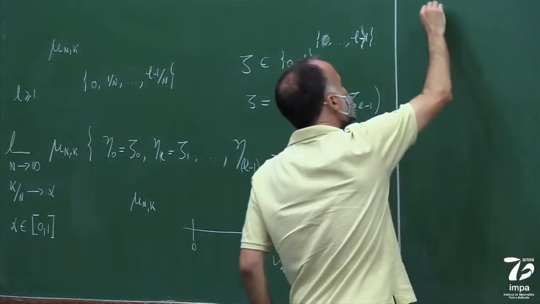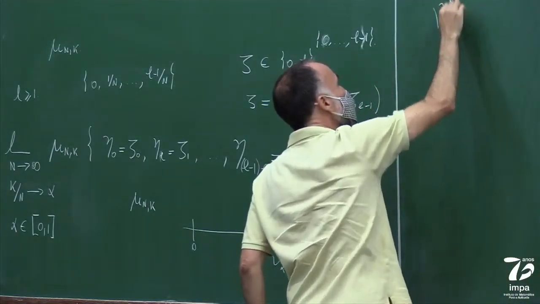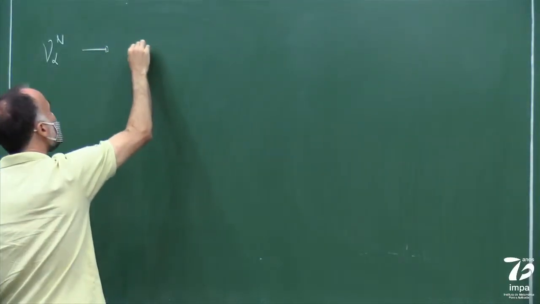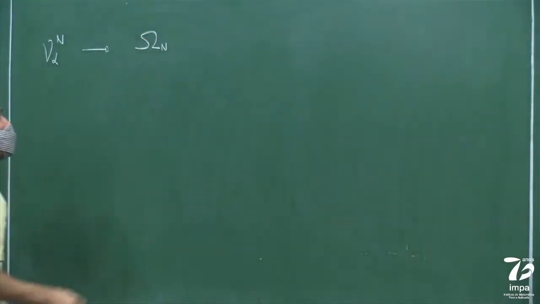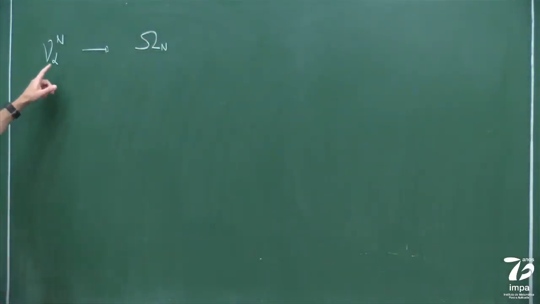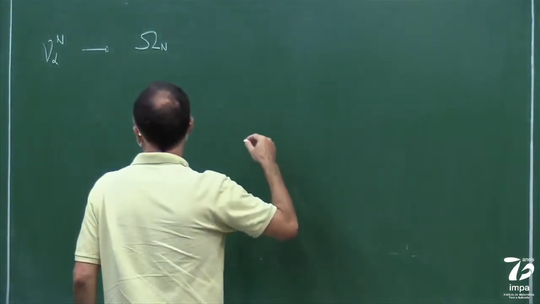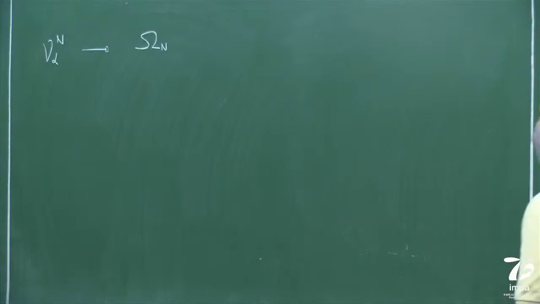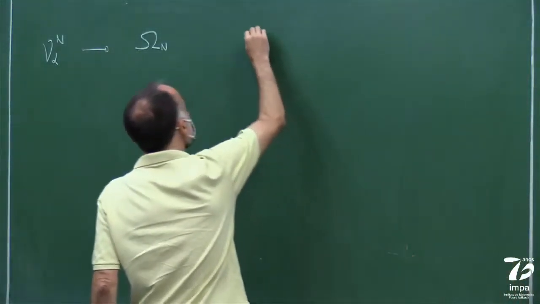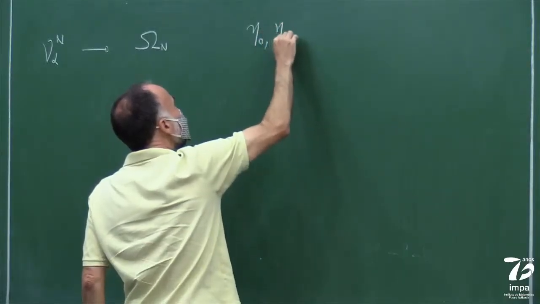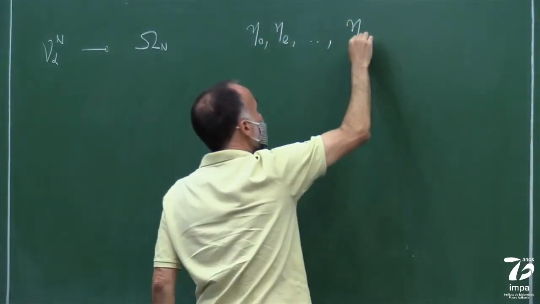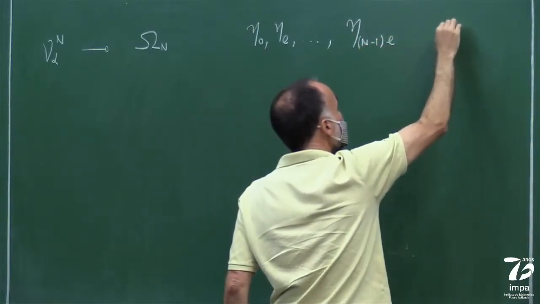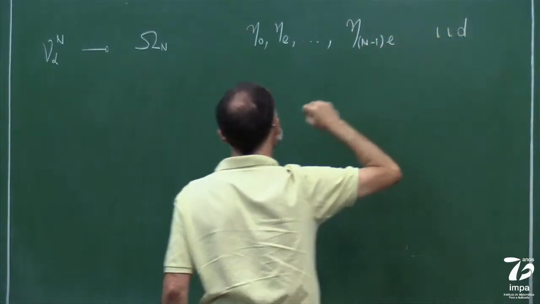So I will represent by nu alpha n the measure on my space, which I raised on omega n. And how it is characterized, exactly in the same way as before. Under this measure, the variables eta 0, eta 1, up to eta n minus 1 are all independent and identically distributed.